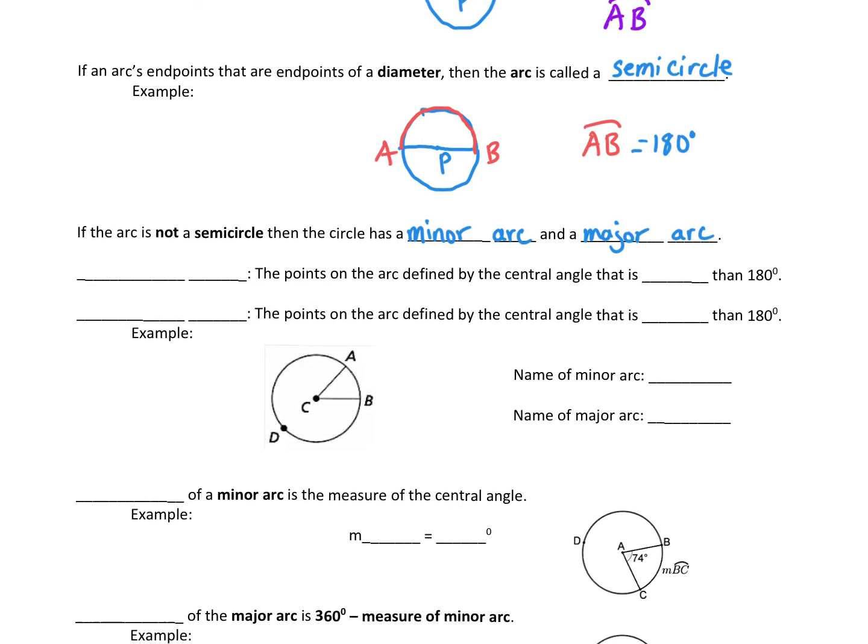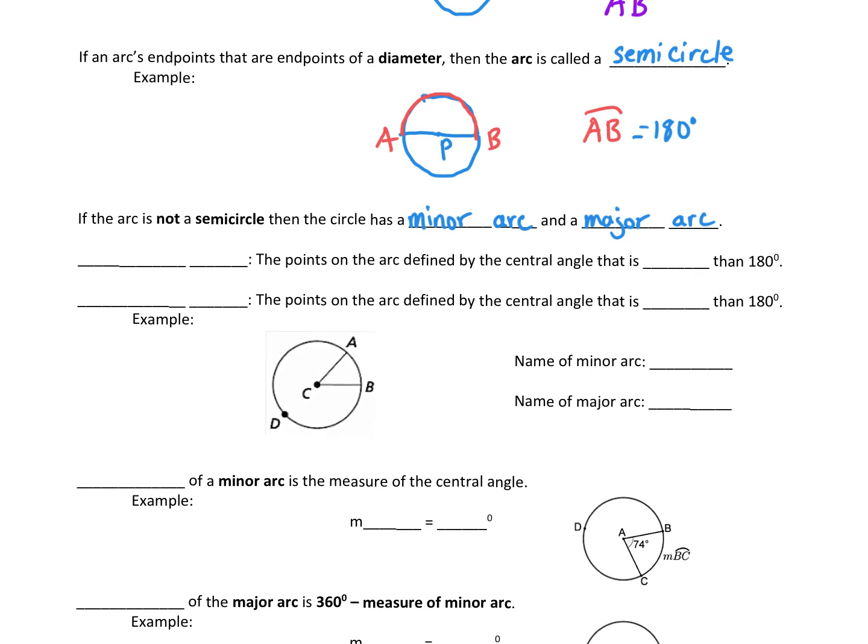The minor arc, minor being small, is less than 180 degrees. So any arc that is less than 180 degrees. Whereas the major arc is a big arc that is more than 180 degrees.